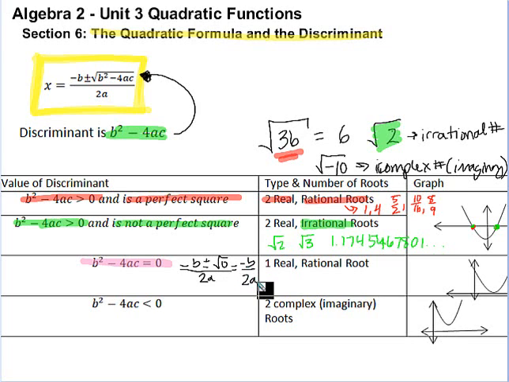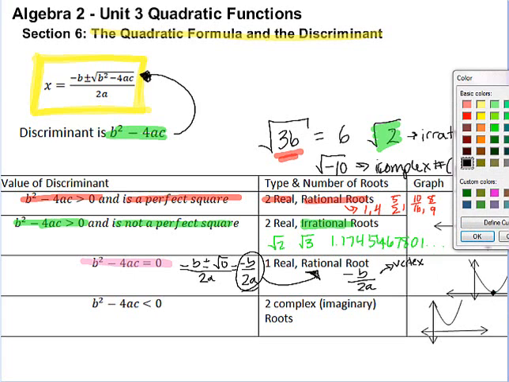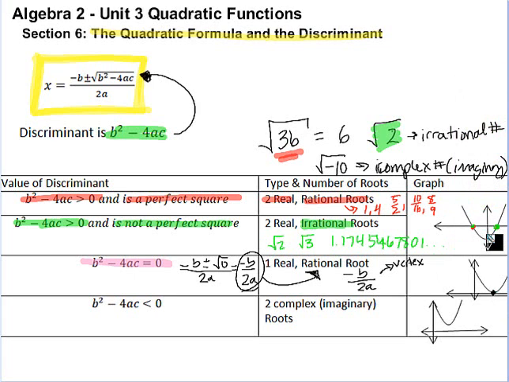We just have negative b over 2a. So we're going to have one real rational root, and that one real rational root is negative b over 2a. If you recall, negative b over 2a is where your vertex or your axis of symmetry should be, and this little diagram is indicating that our parabola is hitting right at that vertex.